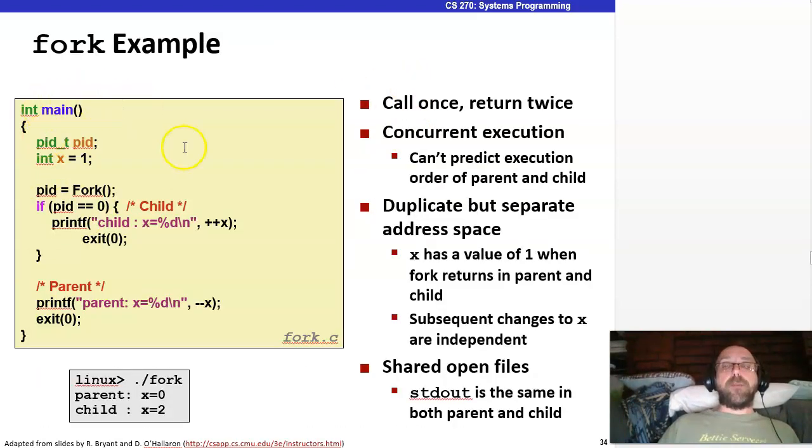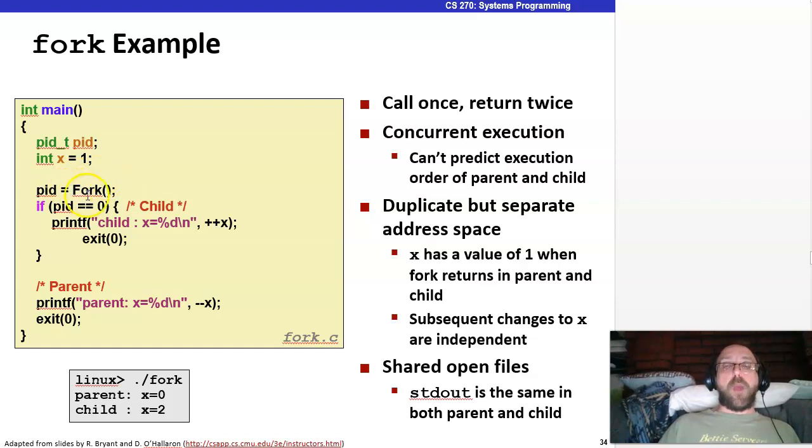So here's an example of using fork. Notice this is the capital F version of the function. This is a wrapper for fork in the CSAPP header and C file.